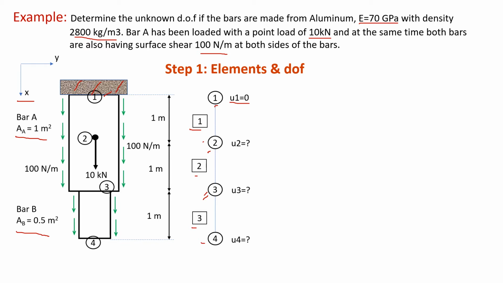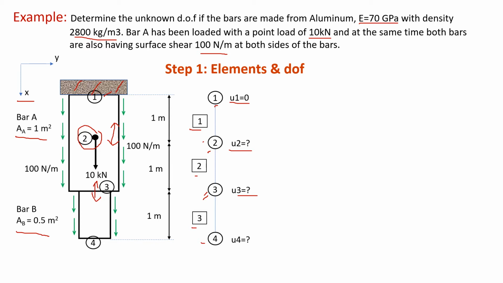Node 2 is free. It doesn't have any support or joints, so it is free to move in the X direction, positive or negative, we will look after this. So U2 is unknown. Similarly, U3 is also free, it doesn't have any support or constraint that prevents it from moving, so U3 is also unknown.